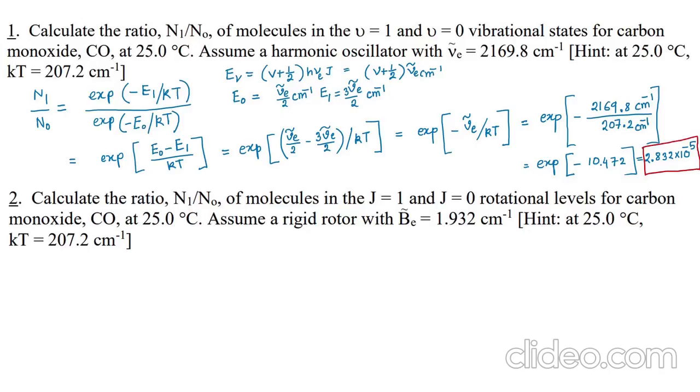If there are 10 to the power 5 molecules in n0 or the ground state, then in n1 there are 2.8, which is almost 3 molecules. So for vibrational energy gaps are such that at room temperatures only the ground state is populated. So let me write it down.